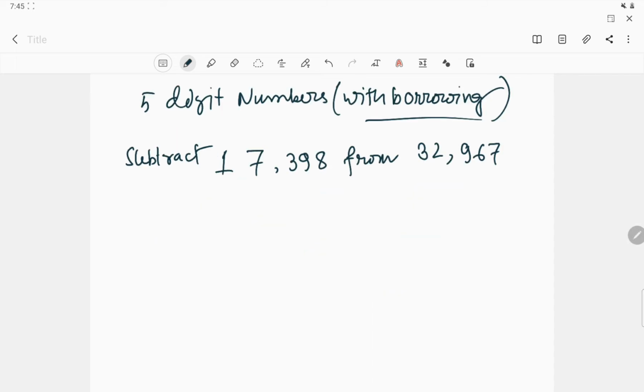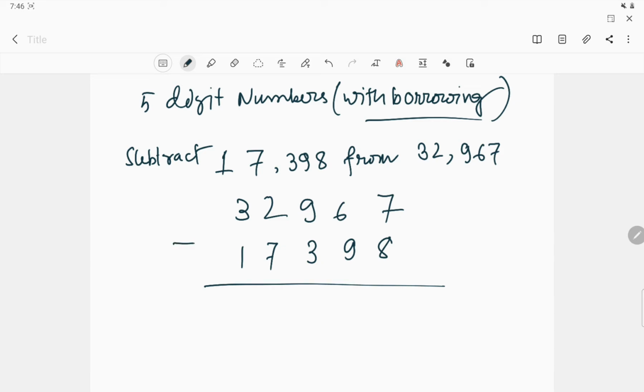Now we will discuss 5-digit numbers with borrowing. Okay, so let us take an example. Subtract 17,398 from 32,967. So minuend is 32,967 and subtrahend is this.